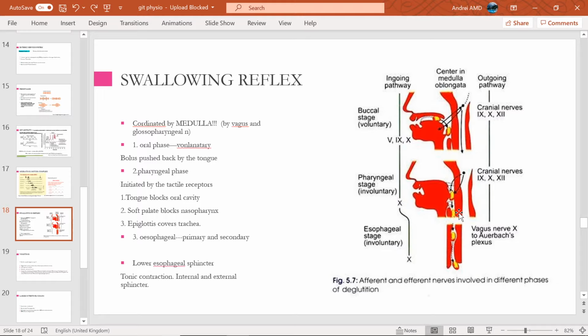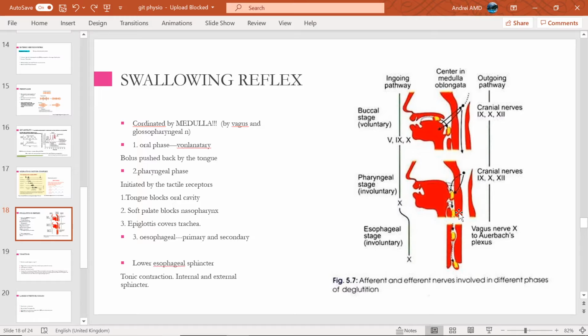Yeah. And also the lower esophageal sphincter is usually always closed, opening only when the food is right above it. And it has two sphincters, internal and external. The internal is part of the esophagus, but the external sphincter is part of the diaphragm.